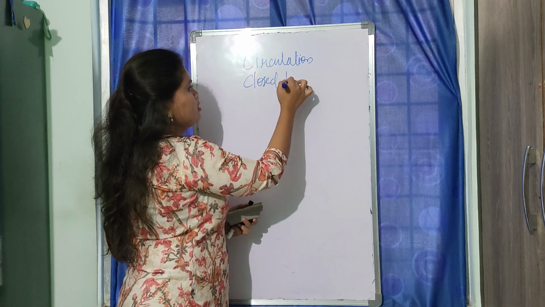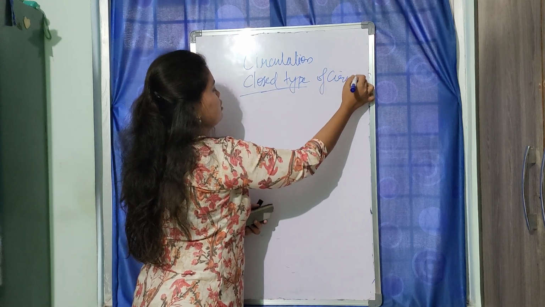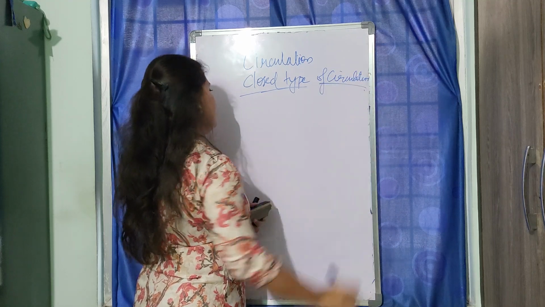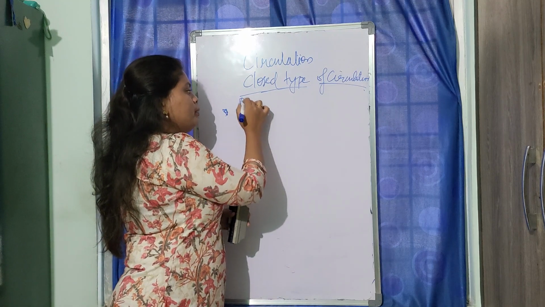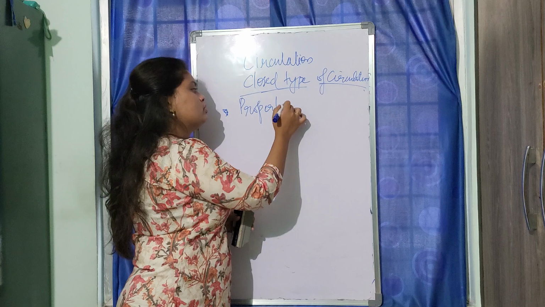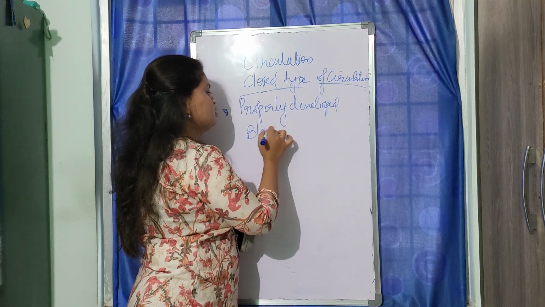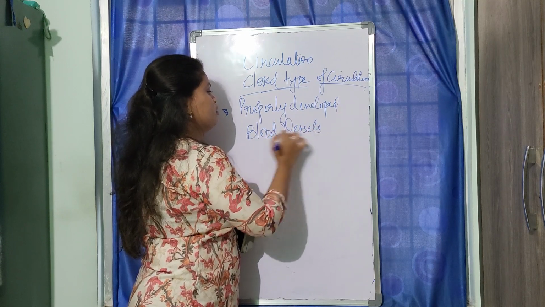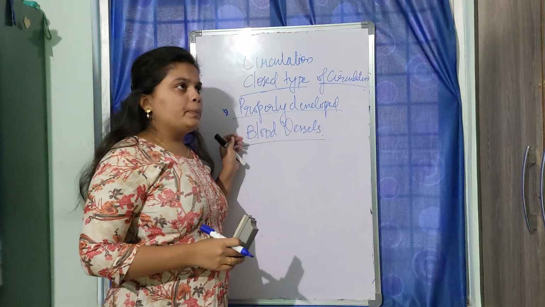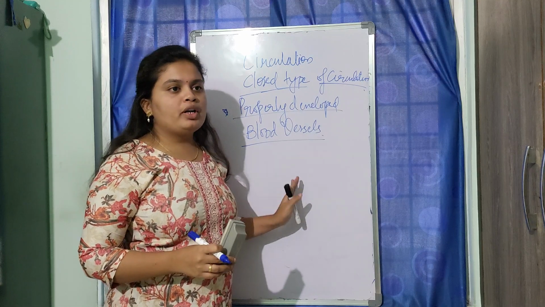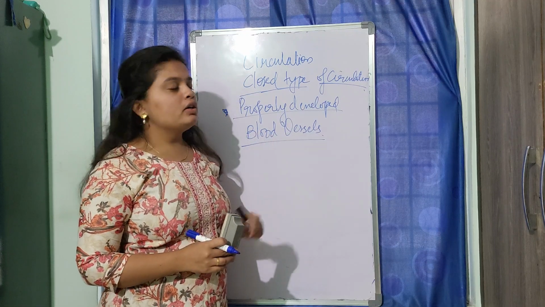Closed type of circulation. In closed type of circulation, we see that there are properly developed blood vessels, and the blood is not poured into the body cavity, but blood is sent to each and every part of the body via these properly formed blood vessels.